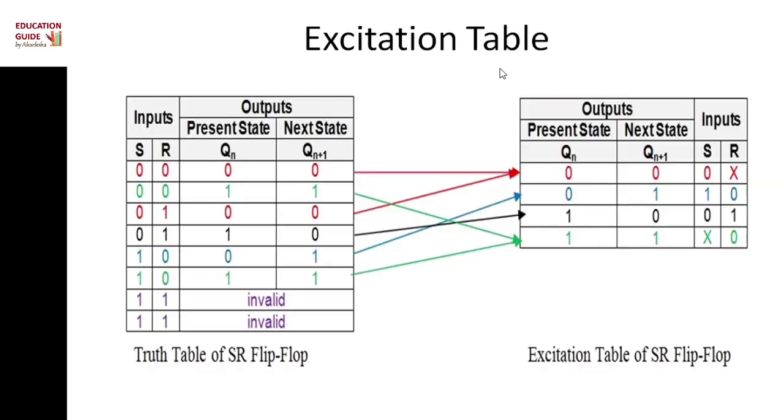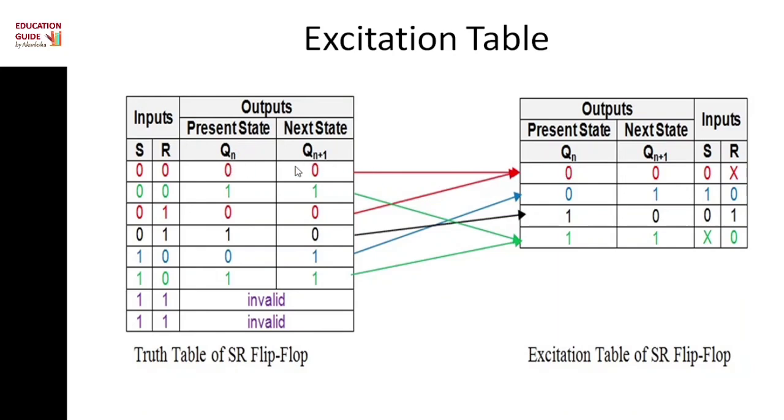This is the excitation table of the SR flip-flop. We can find the excitation table from the truth table of the SR flip-flop. The output of the truth table is the input of the excitation table, and the input of the truth table is the output of the excitation table.